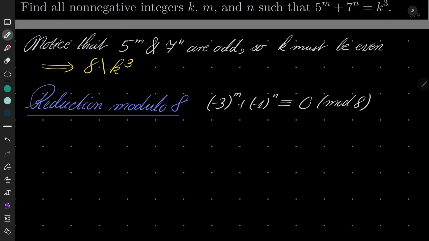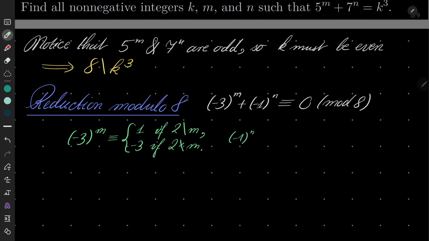If you take a look, minus 3 to the power of m is either congruent to 1 if 2 divides m, or it's congruent to minus 3 if 2 doesn't. Why is that? Well, see the pattern. Minus 3 to the power of 0 is 1, minus 3 to the first power is minus 3, minus 3 squared is 9, but 9 is congruent to 1. And you see the pattern.